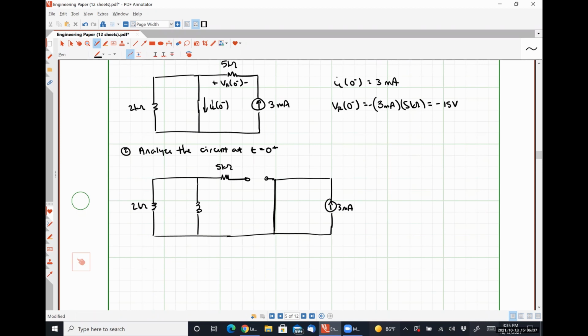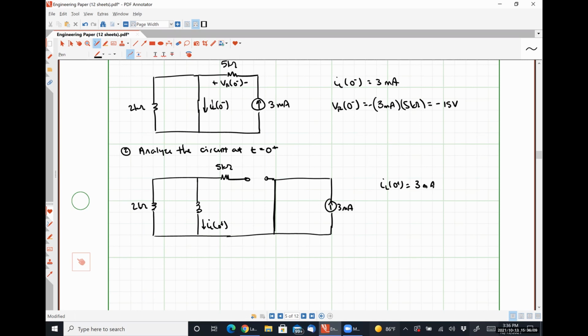We know that our inductor current IL at 0 plus has to be what? Three milliamps. Why? Exactly right, it cannot change instantaneously. The current flowing through the inductor at t equals 0 plus has to be what the current flowing through the inductor at t equals 0 minus was.